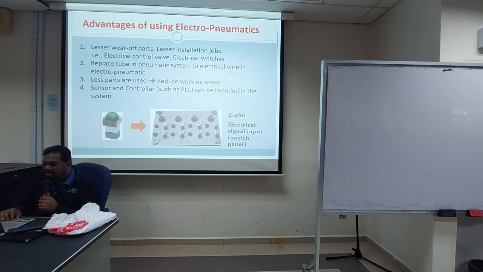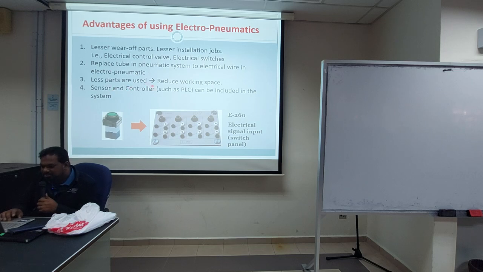So kita gantikan dengan electrical wire. Okay, electrical wire is end to end. Okay, so memang is a custom made. So kita tak perlu potong ke ataupun kita tak perlu cantum. So it's already created in such a way that for this particular length kita boleh gunakan this length of wire.